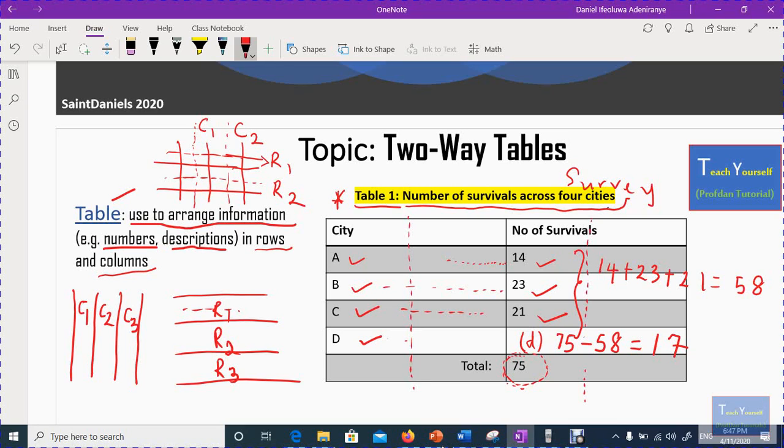And how many rows do we have? We can say, including the title, we have row 1, row 2, row 3, row 4, row 5, and the row showing the total value, row 6. So this is a simple explanation of what a table is.